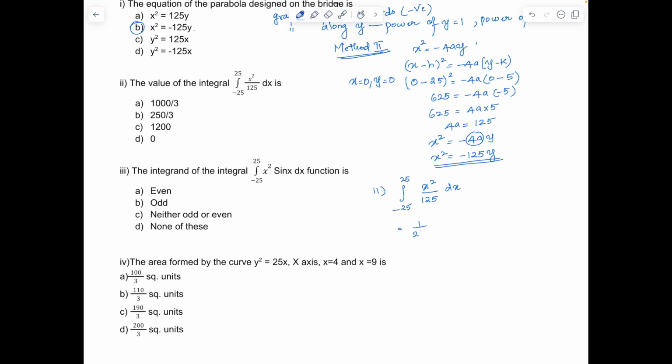So 125 is a constant. Leaving that out, the integral from minus 25 to 25 of x square dx is 1 by 125 into x cube by 3, from minus 25 to plus 25.